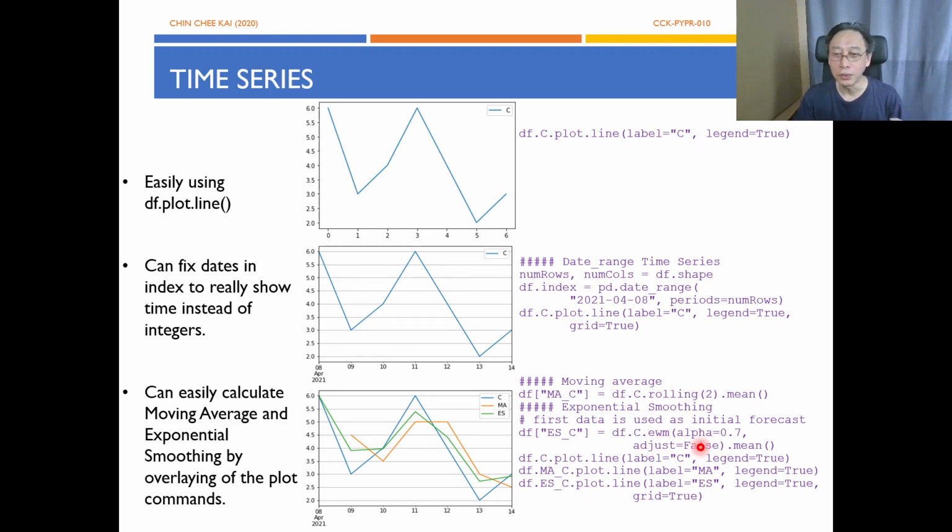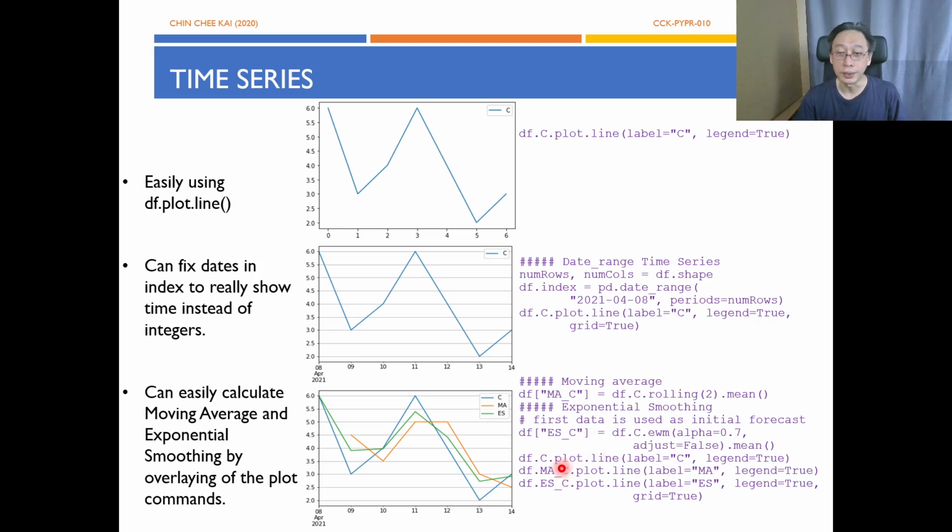Adjust equals to false, right? And dot mean, which is basically moving average. Okay, because we're doing averaging, so dot mean. So when you do this, a new series is produced based on exponential smoothing with 0.7 alpha, and that is being stored in the ES underscore C, exponentially smoothed C.